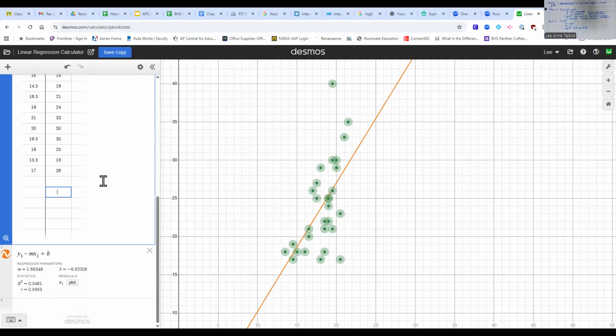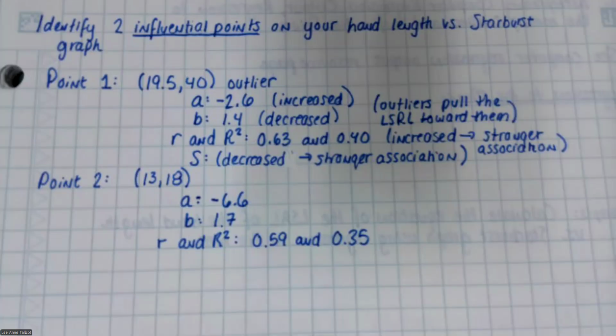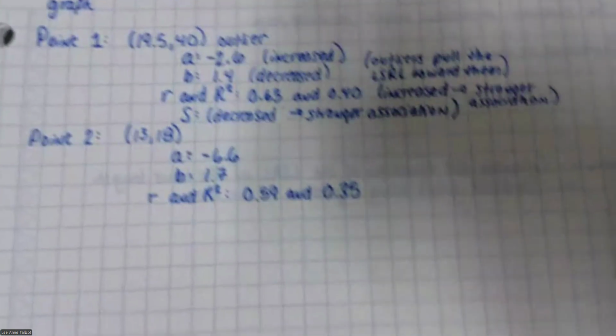Hold on, I'm just gonna copy this off of here. Okay. All right, there you go. You can have big numbers instead of tiny numbers.